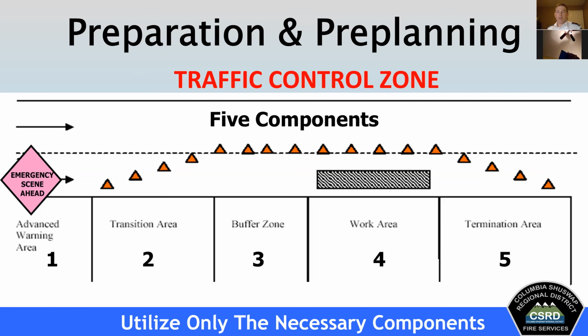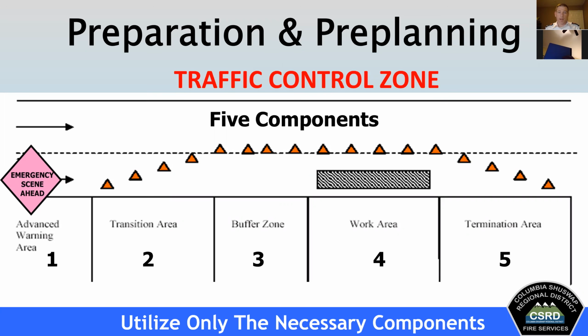So just realize it may not be necessary or advisable in all situations to utilize all of the traffic control zone components, right? Experience and your evaluation of the conditions at each individual incident is going to dictate which components are necessary. If you're on a forestry road somewhere, you might need to do it a little differently than this.